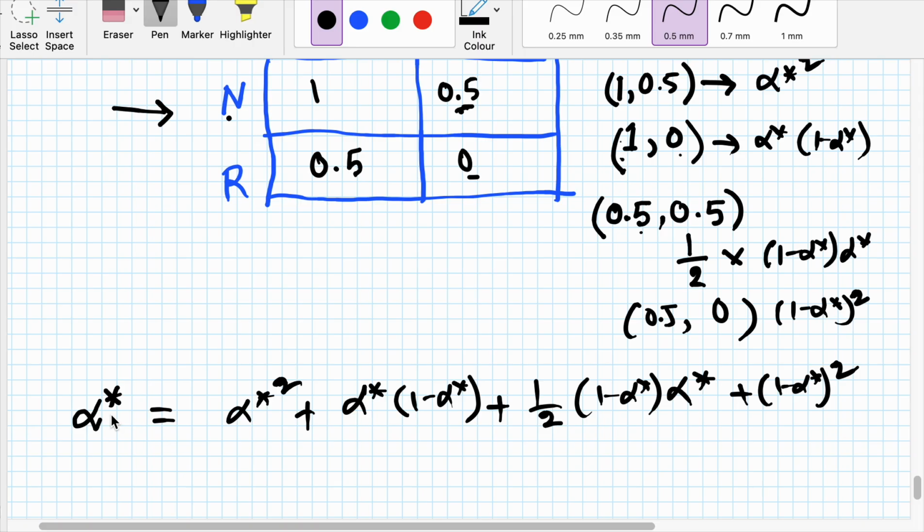The probability of finding that the action n is best means the probability with which in her sample she finds that her action n is associated with the best consequence, with probability alpha star. So that should be equal to this.